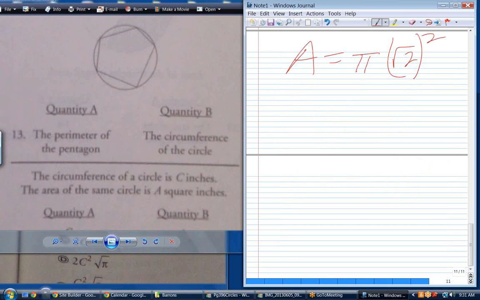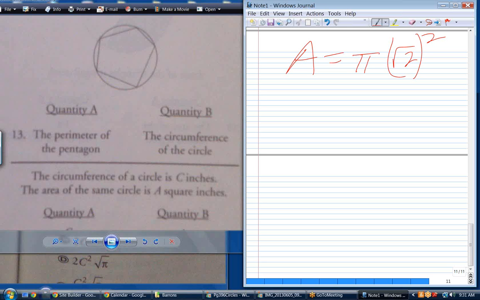The perimeter of the pentagon, the circumference of the circle. Wouldn't they be even? 360? Well, no. Remember, the perimeter is the lengths of the lines.